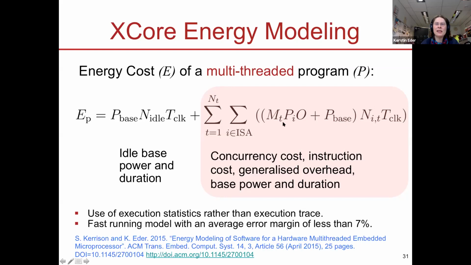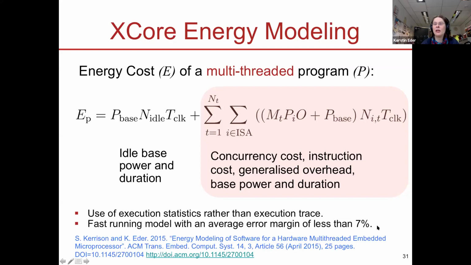So that's a slightly more complex model, but actually it's inspired by what we've seen before, and still quite simple. We've used execution statistics rather than execution traces. That was significantly faster than obtaining a full execution trace, and that is possible because we decided to have the overhead to be generic. So we didn't actually need to know exactly the sequences of instructions. It's fast running with an average error margin of less than 7%, and that was suitable for our purposes.